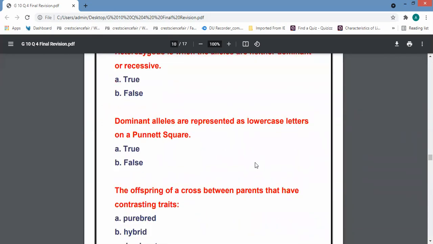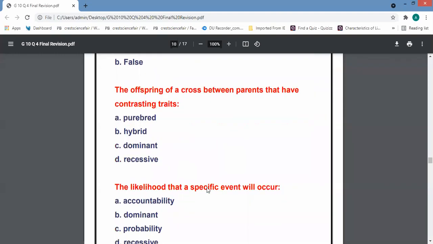Dominant alleles are represented as lowercase letters on a Punnett square. The dominant are capital letters, not small letters, so false. The offspring of a cross between parents that have contrasting traits, which means opposite traits, different genes.